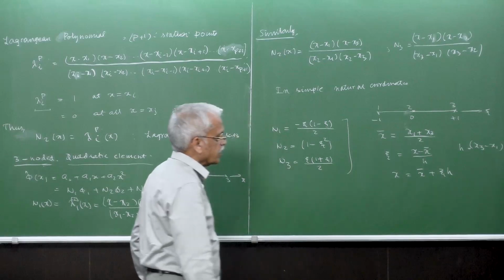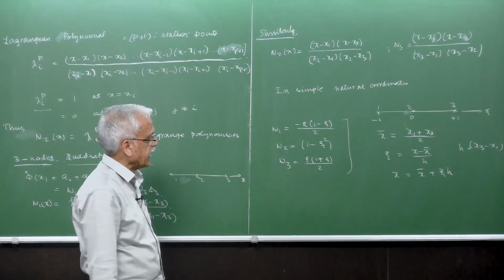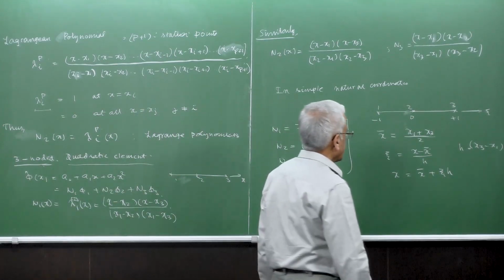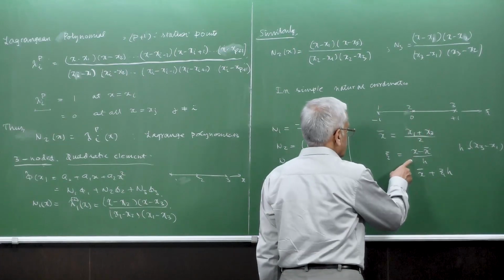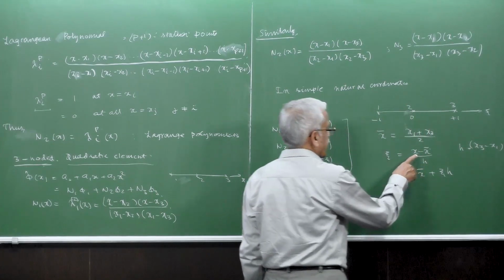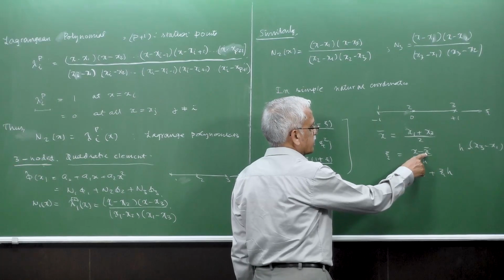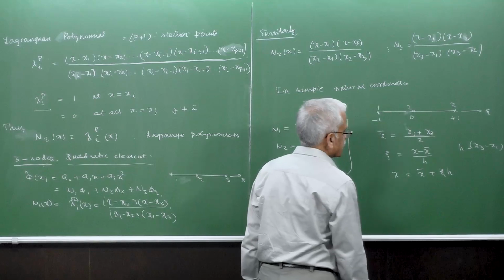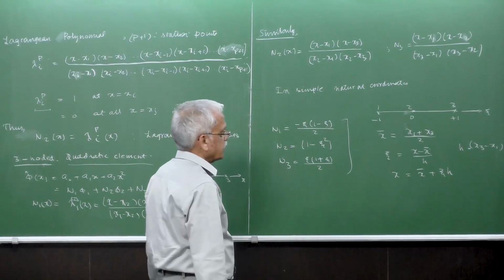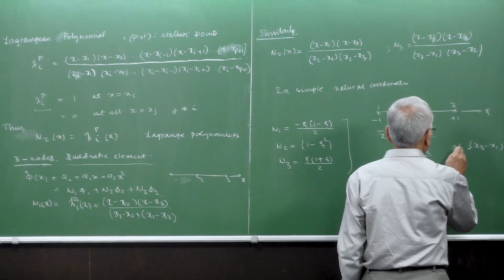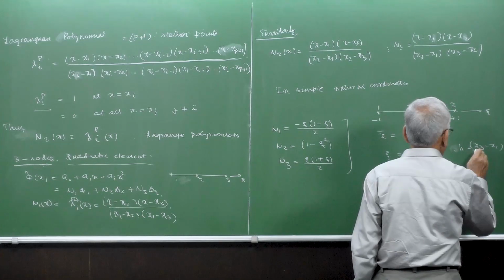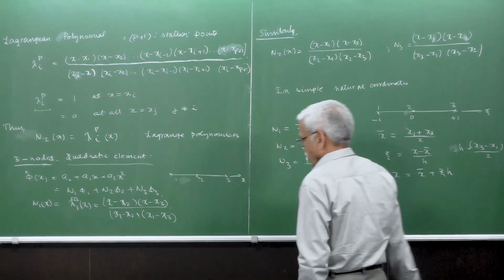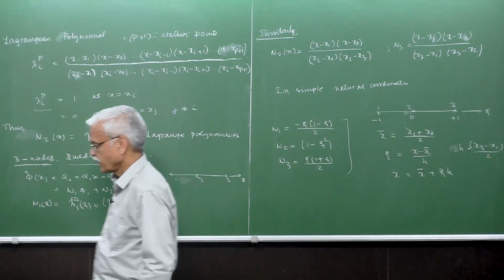So this is the transformation between x and xi, and if you want to get xi from x, it's x minus x bar, divided by h, which is x3 minus x1 over 2. This is actually 2h. Okay, that by 2 is there, so just make that correction.